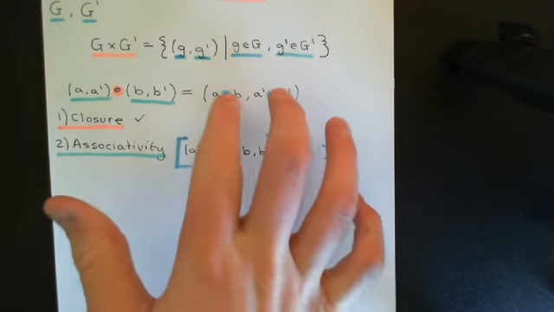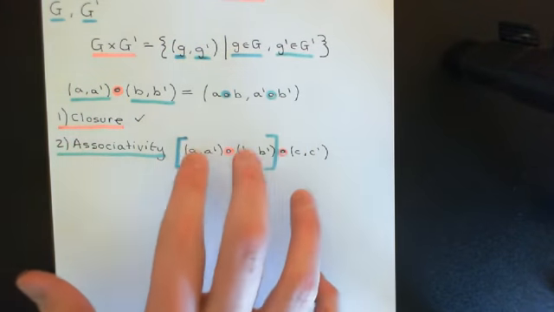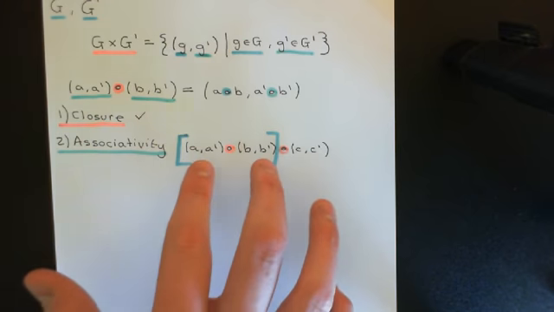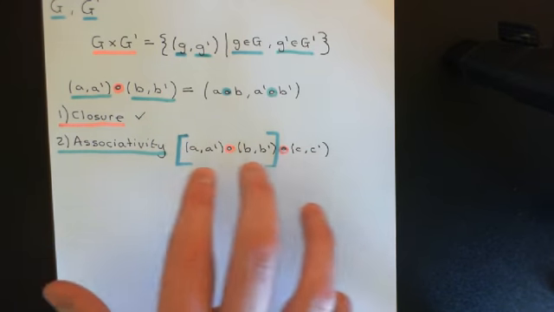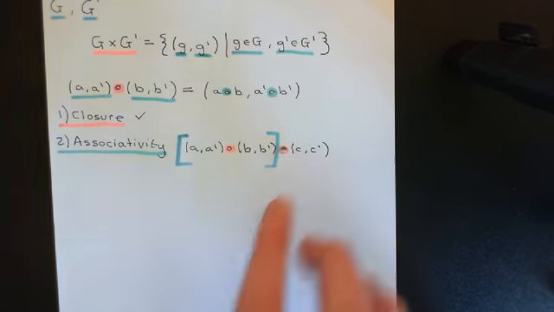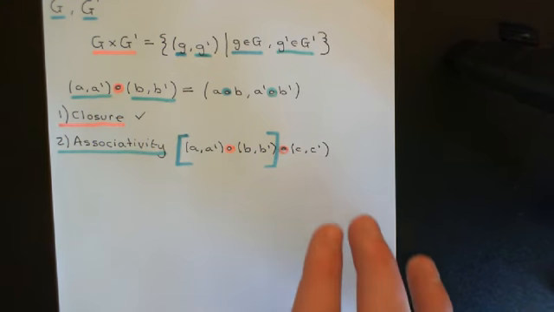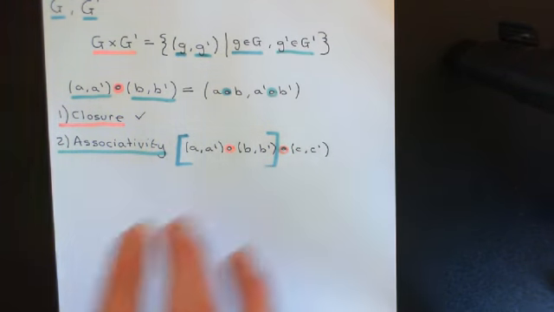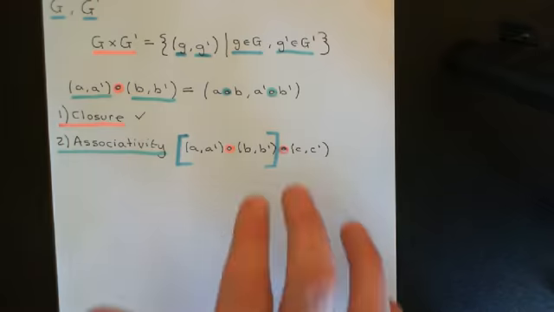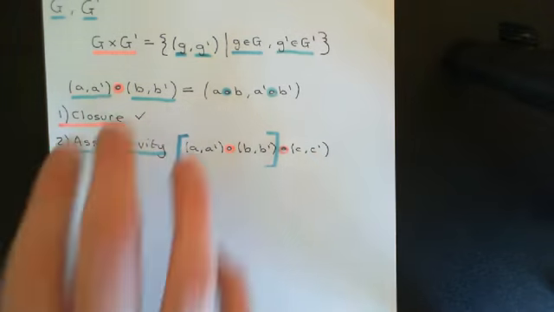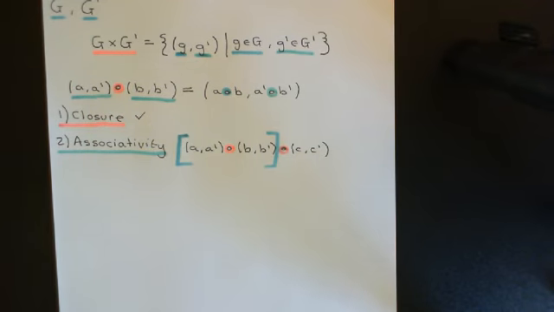You'll then get an answer which is just one ordered pair. You'll stick that in this blue socket here, and then you'll compose that with this c prime, and that will again be a composition of just two members of this set, and that will therefore be defined by this composition law.